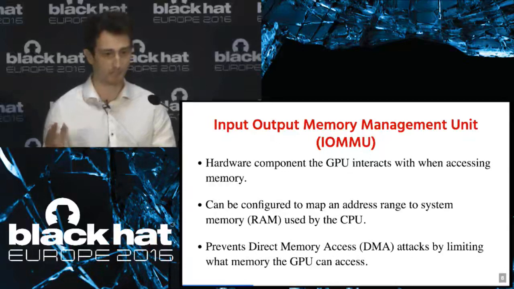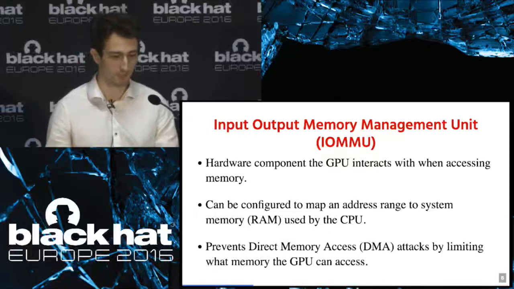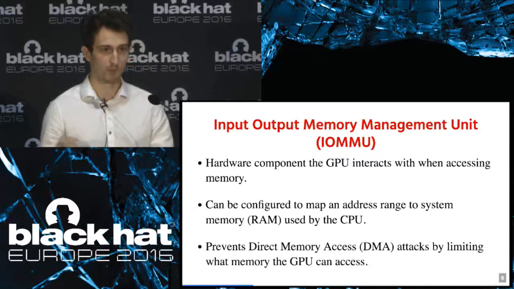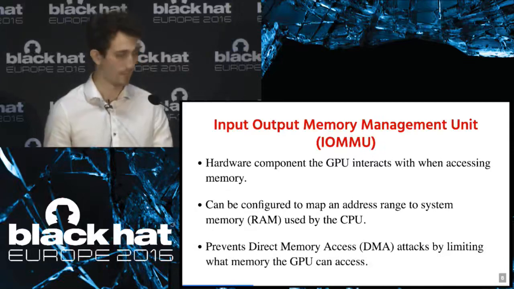There could be multiple IOMMUs on a motherboard, for instance. But in this case, we're discussing the GPU's IOMMU. And basically, what the IOMMU is responsible for is preventing direct memory attacks by limiting what memory the actual hardware could interact with.